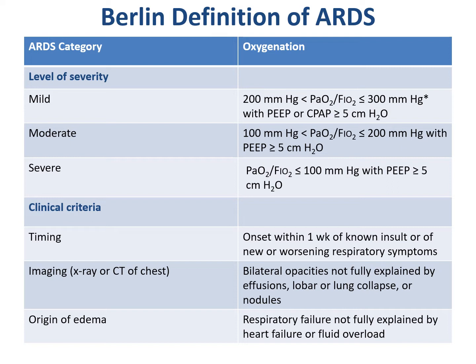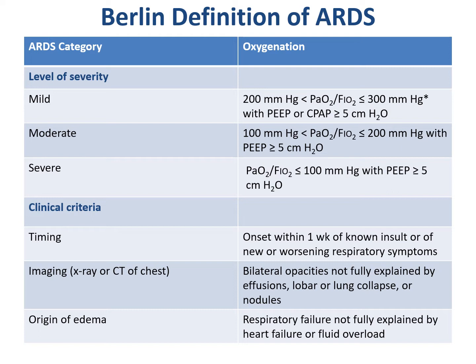Mild level is a ratio of partial pressure of oxygen to FiO2 more than 200 millimeters of mercury and less than 300 millimeters of mercury, with PEEP or CPAP more than or equal to 5 centimeters H2O.